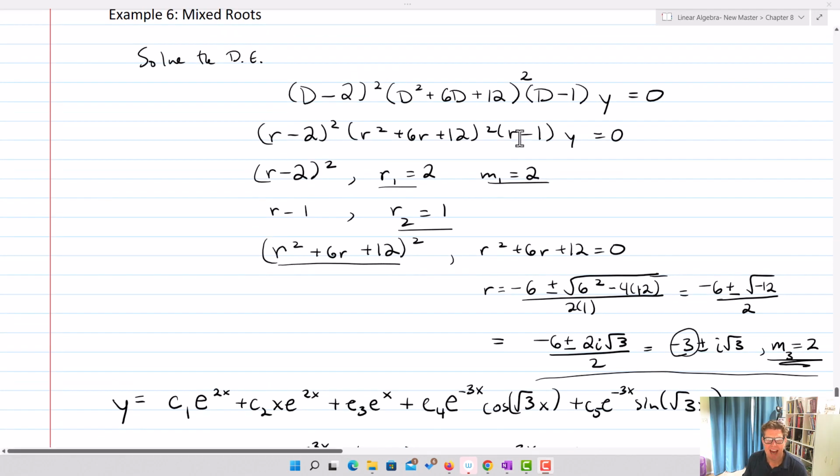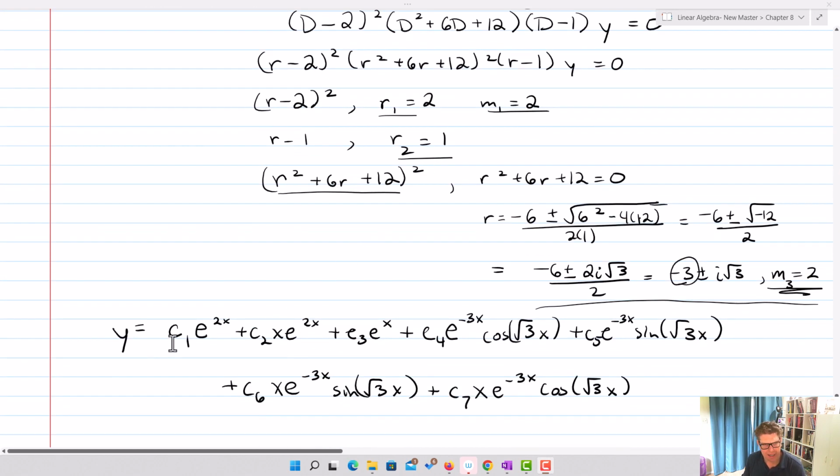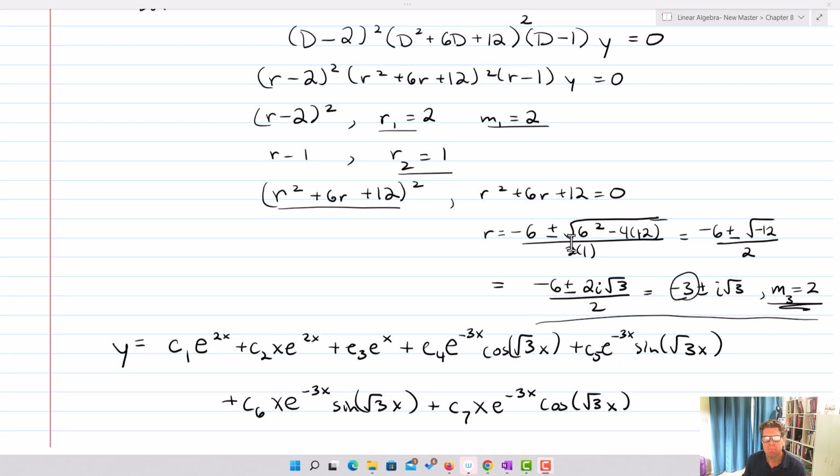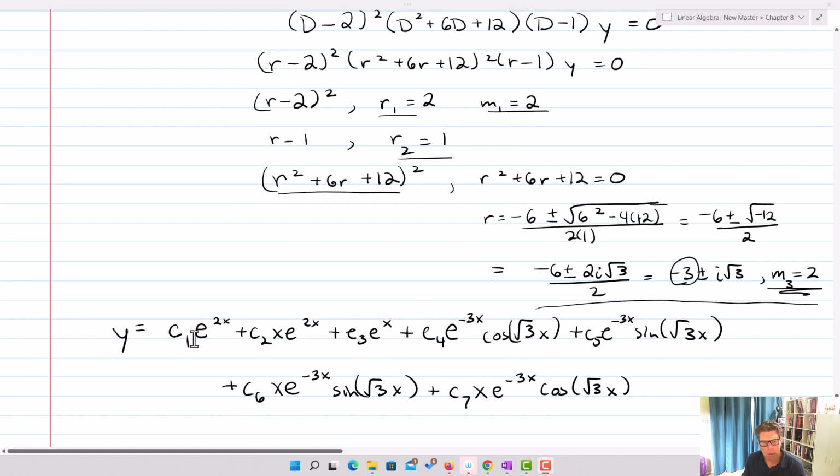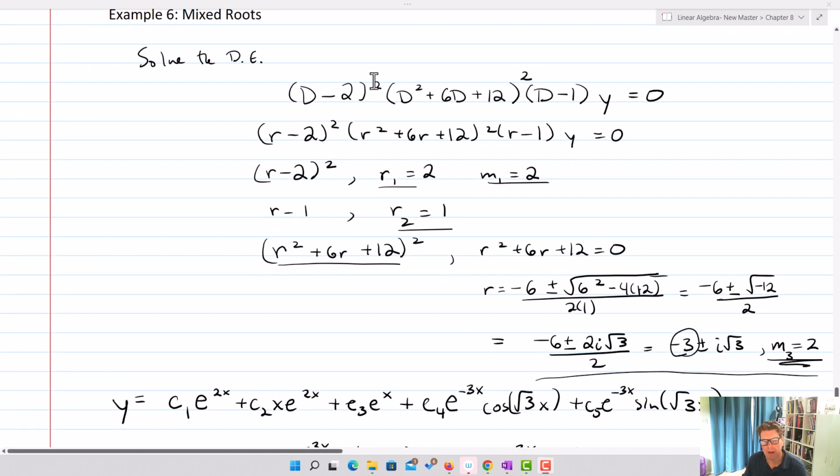I wanted to add in a note, and that note has to do with how many solutions we have here. This is just a good way to make sure that you've got enough. If we look here, I've got 7 different solutions, and we write them all as a linear combination. If I go up to my differential operator, I've got a squared term, so that's 2.